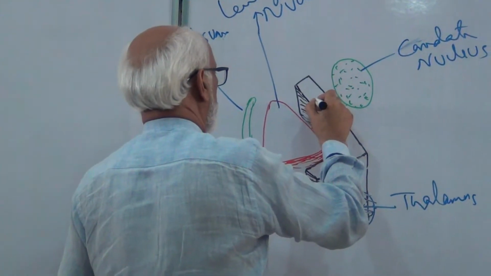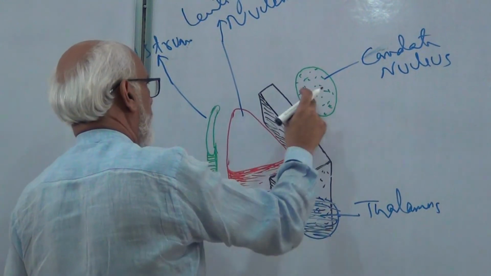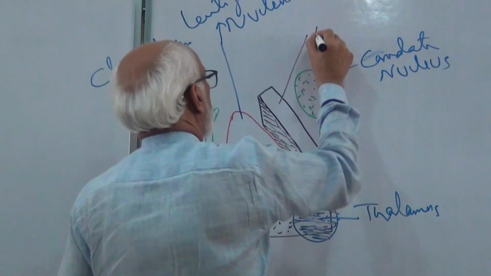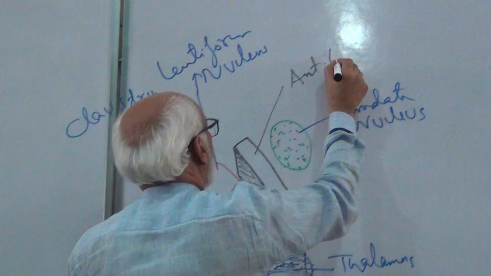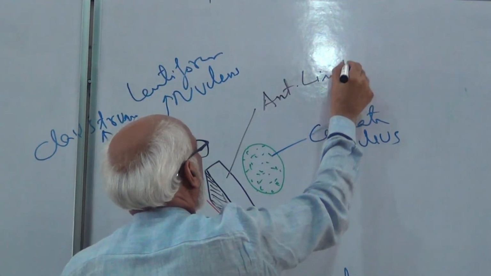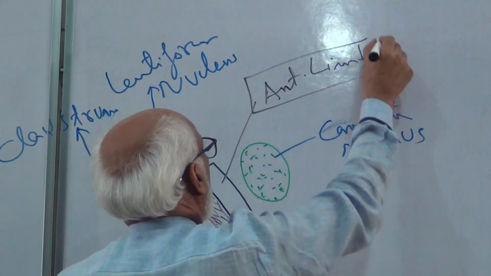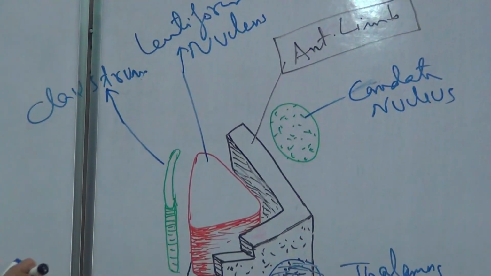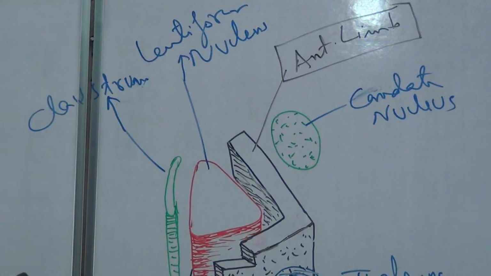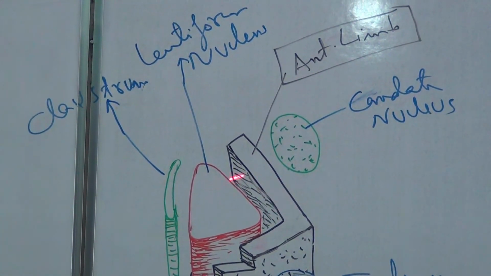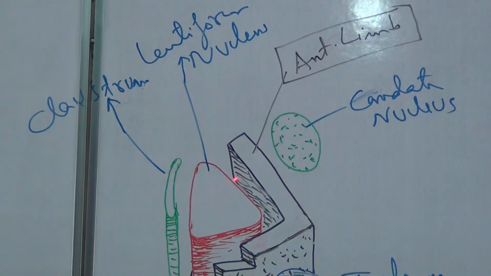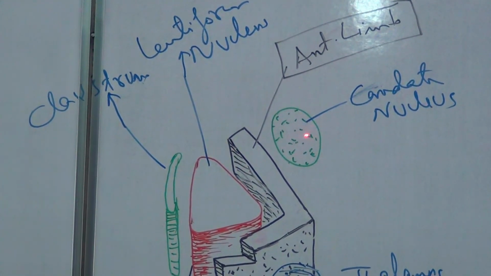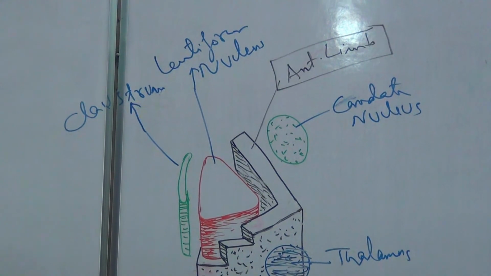So you can see here between lentiform nucleus and the caudate nucleus, this is anterior limb of internal capsule, which intervenes between the lentiform nucleus laterally and the head of the caudate nucleus medially.